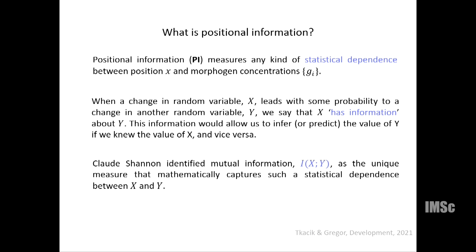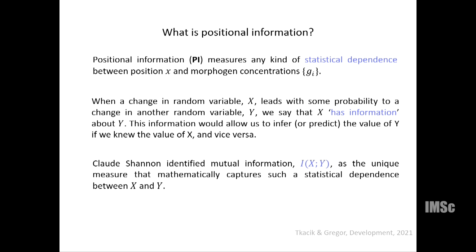Yeah, so let's stop for a bit and think about this positional information thing. Intuitively, it's very hand waving. You could say, okay, there is some gradient, it contains information, but what is this information?